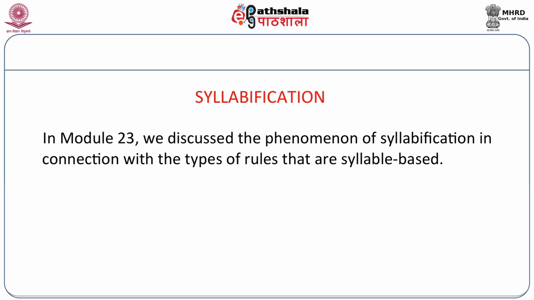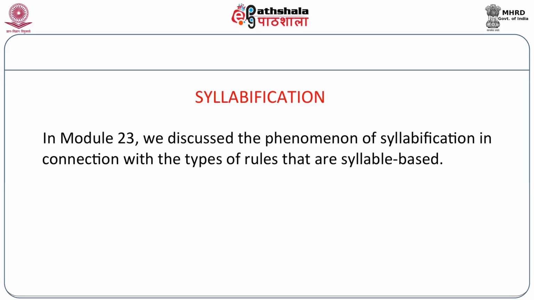In module 23, that is the last module, we looked at syllabification while discussing the types of phenomena that are syllable structure based. Now, we looked at some of these criteria for syllabification.